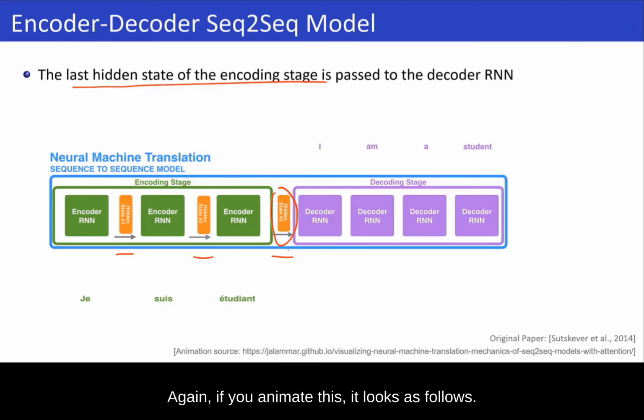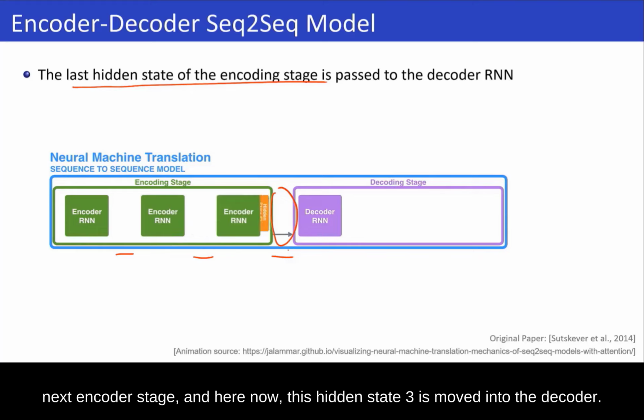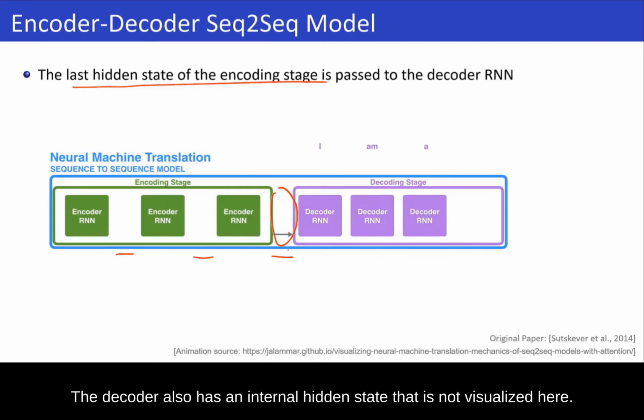Again, if you animate this, it looks as follows. You read in your words one by one, compute the hidden states, go into the next encoder stage, and here now this hidden state 3 is moved into the decoder. The decoder also has an internal hidden state that is not visualized here.